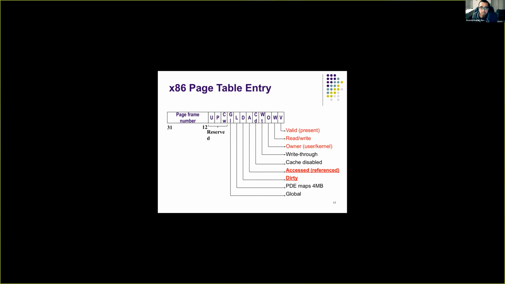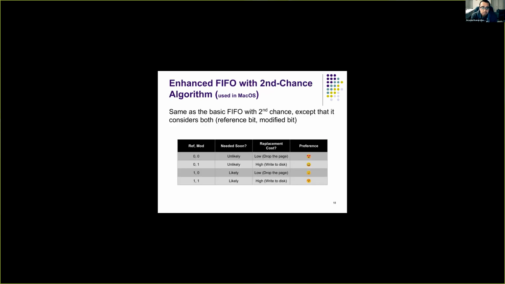Now, using this accessed bit and dirty bit, we can intelligently select a page to replace so that the cost of page replacement is also reduced. This algorithm is called enhanced FIFO. Basically, we can now enhance FIFO with this dirty bit. So here, we are given two bits for each page, the reference bit and the modified bit.